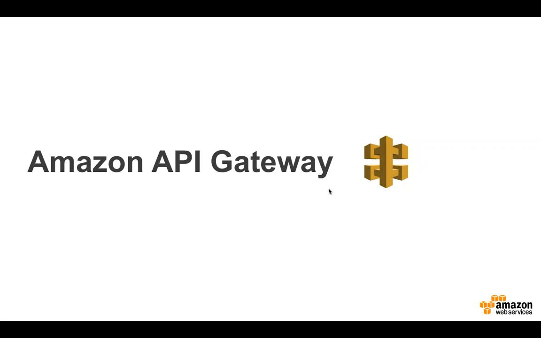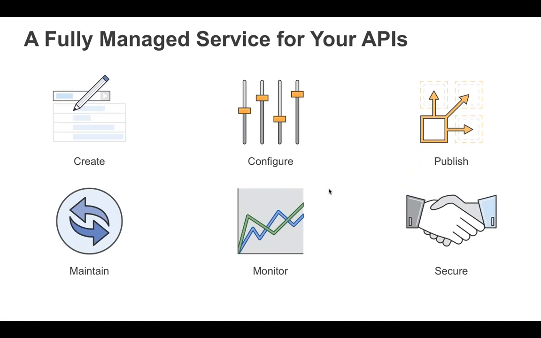API Gateway is our RESTful, fully managed service for your APIs. It allows you to create APIs on the API Gateway service, configure and publish them, and also provides those other benefits of a fully managed service: it's fully monitored, it's integrated with our identity and access management and other platform security controls, and easy to maintain.